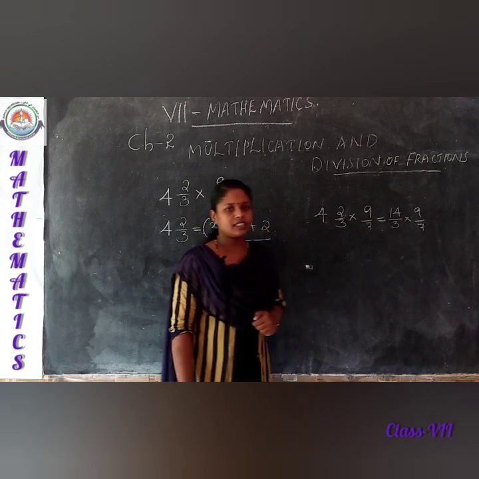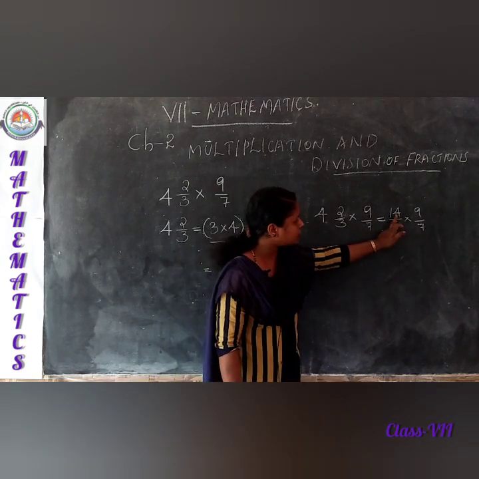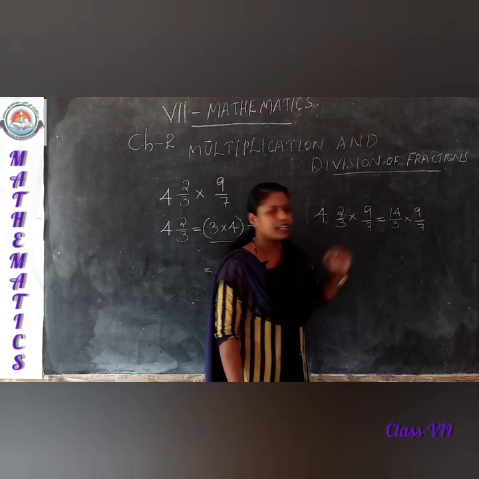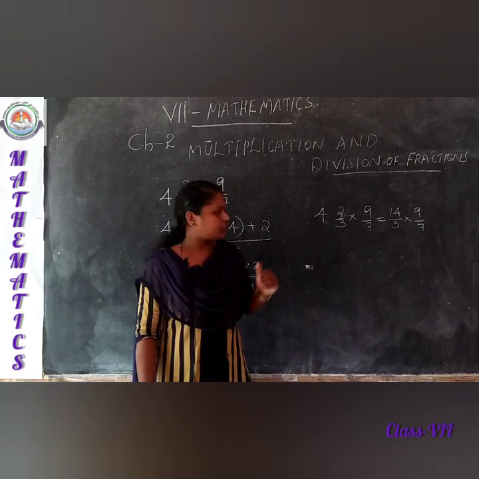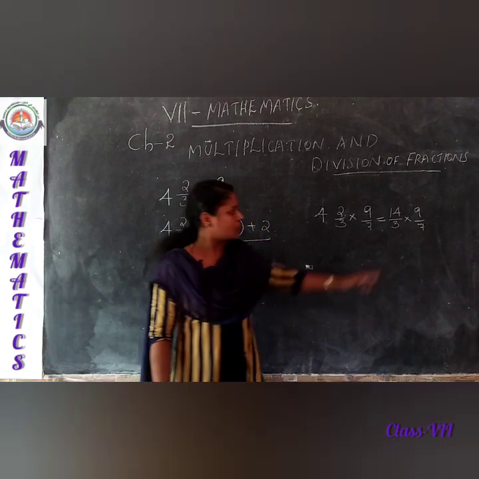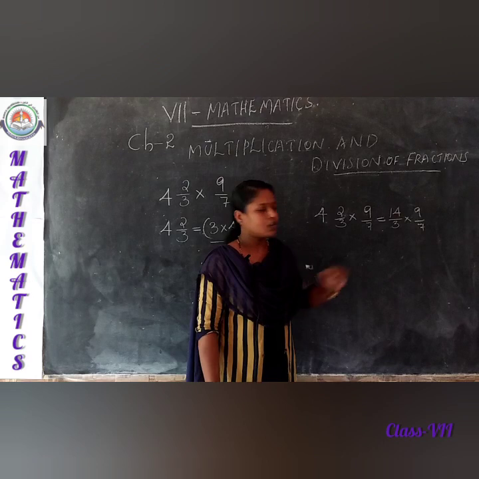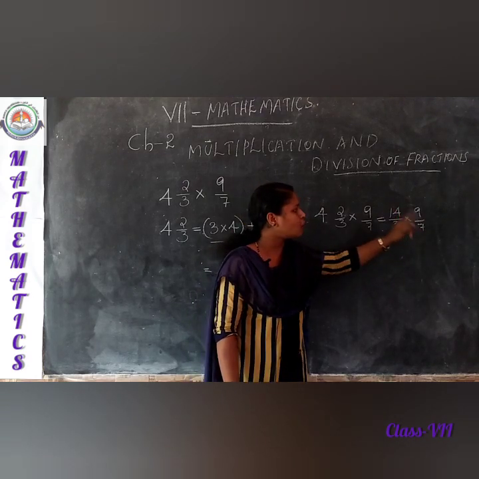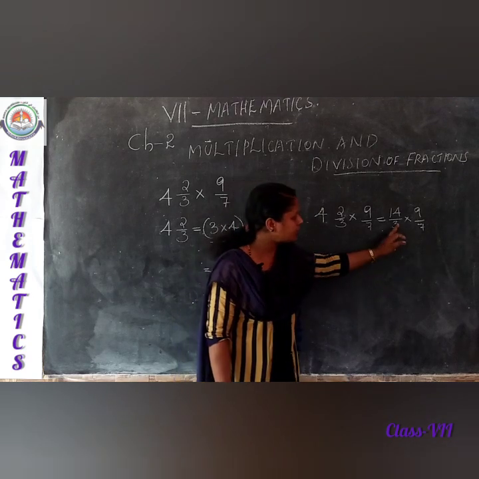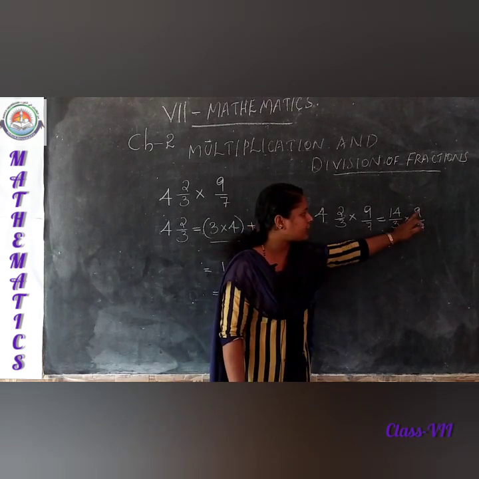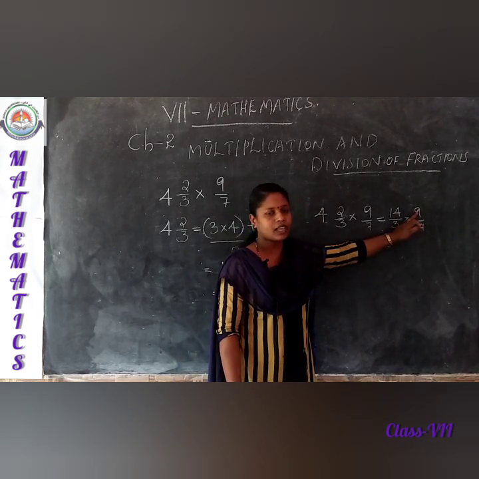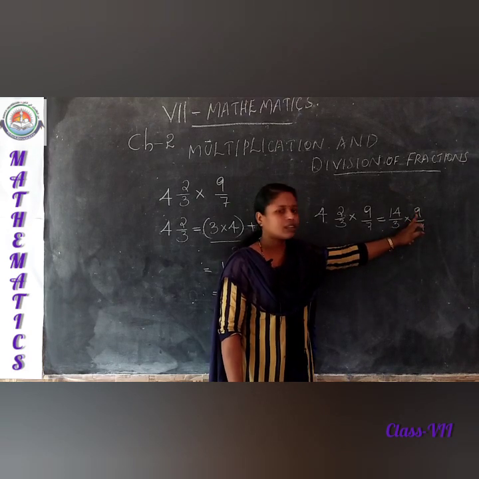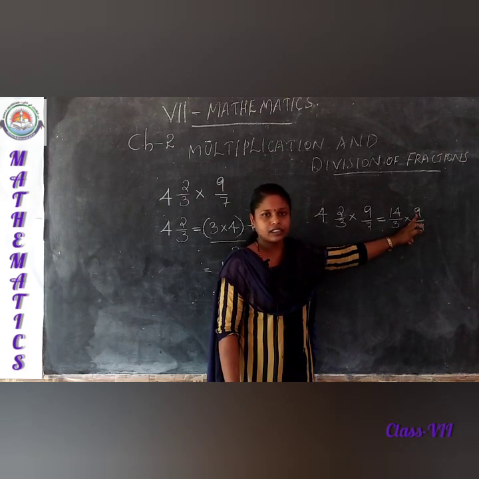So next we can check this numerator 14 and this denominator 7. Is there any common factor? 14 and 7. 14 is a multiple of 7, so we can remove that common factor. And here the denominator is 3 and here it is 9. Is there any common factor? 3, right?